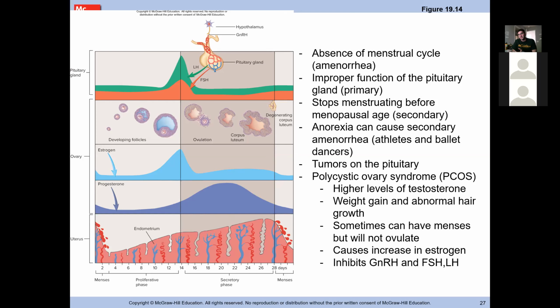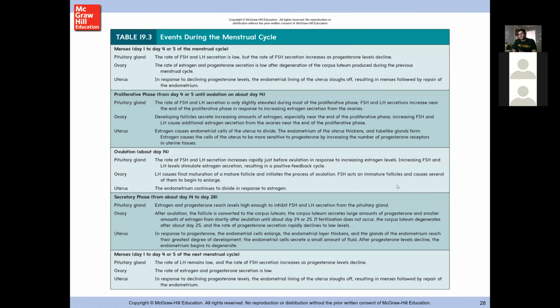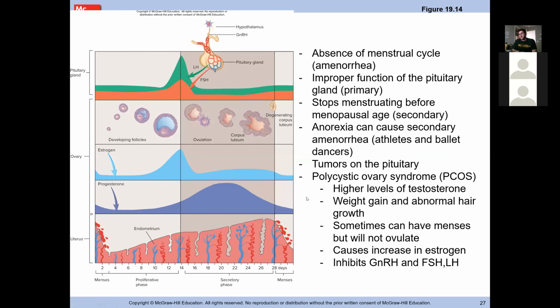Okay, another fairly common disorder of the menstrual cycle is called polycystic ovary syndrome, or PCOS. This is a little bit more common than you would think, but PCOS is basically where ovaries have an abnormal amount of cysts on them.